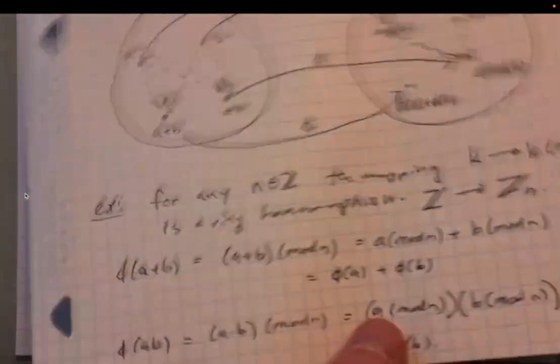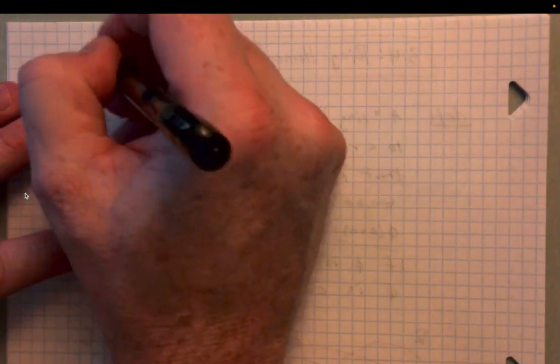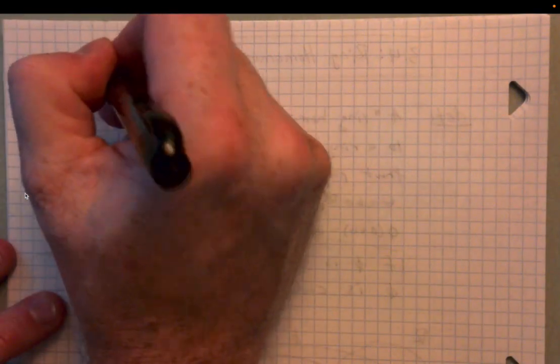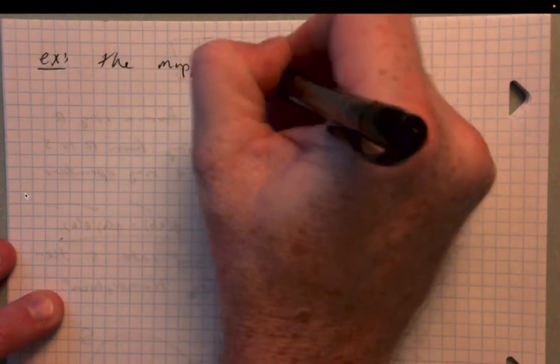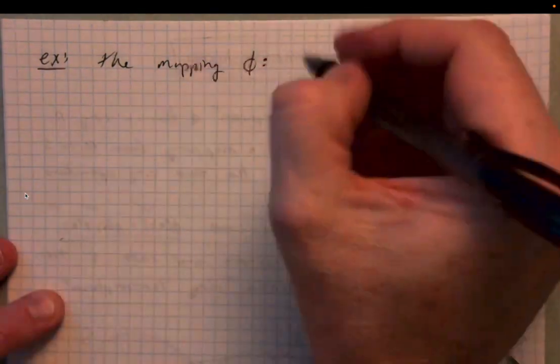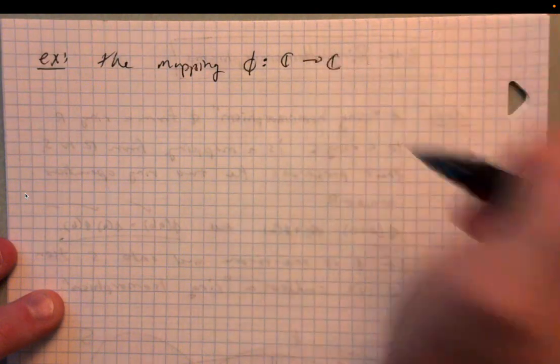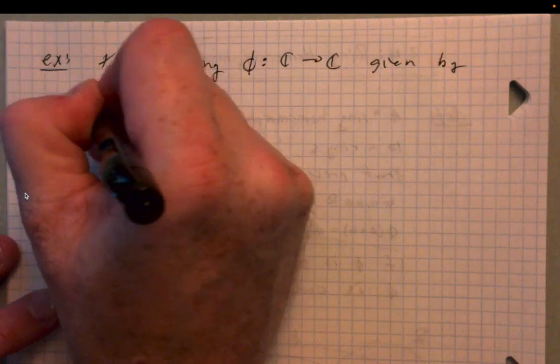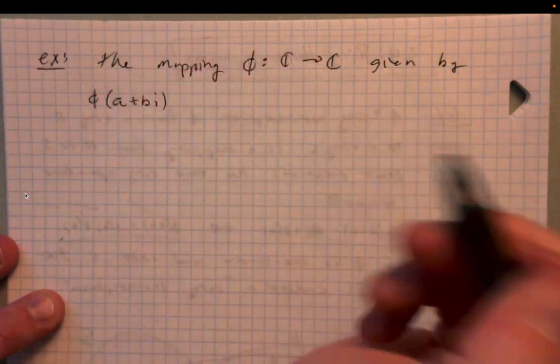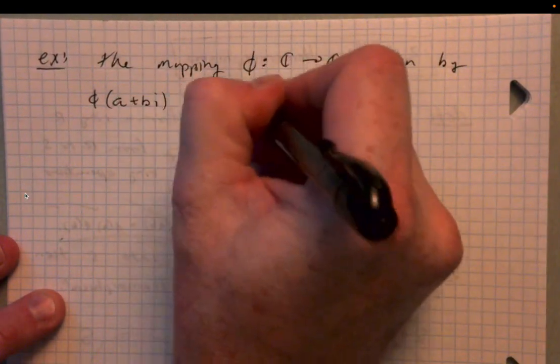Okay, very good. Let's look at another example. Let's see. So the mapping phi from the complex numbers to the complex numbers given by phi of a plus bi equals a minus bi.